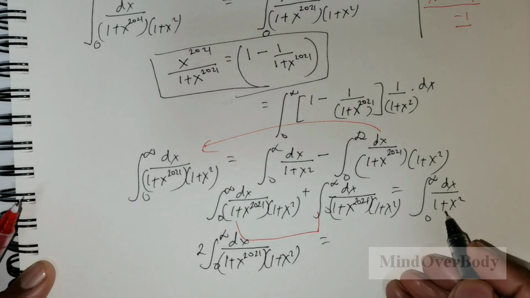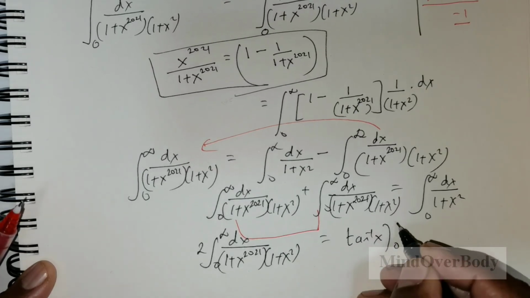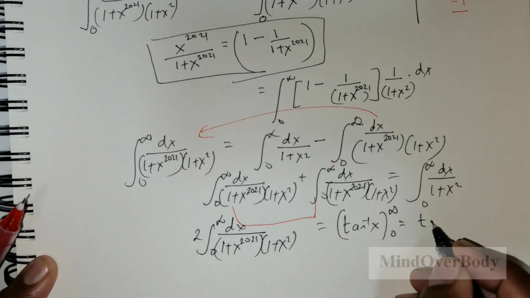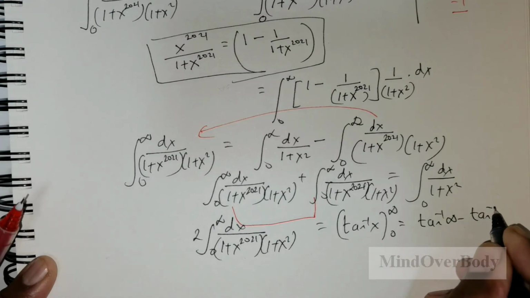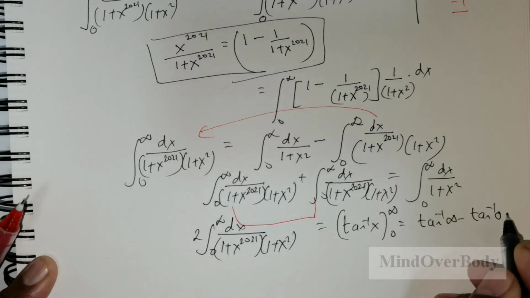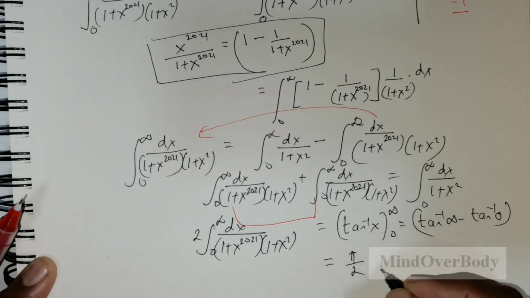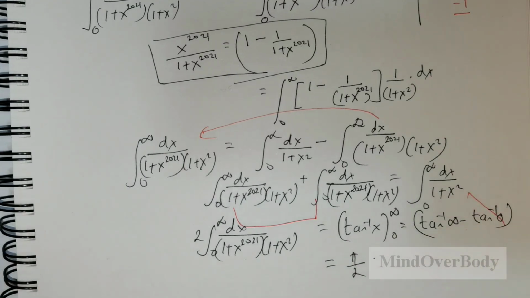the integral of dx over 1 + x^2, which is going to be tan inverse of x, with limits 0 to infinity. If you apply the limits, for the first quantity it's tan inverse of infinity, and for the second quantity it's negative tan inverse of 0. Tan inverse of infinity is pi over 2. Tan inverse of 0 is 0, so no need to place it.